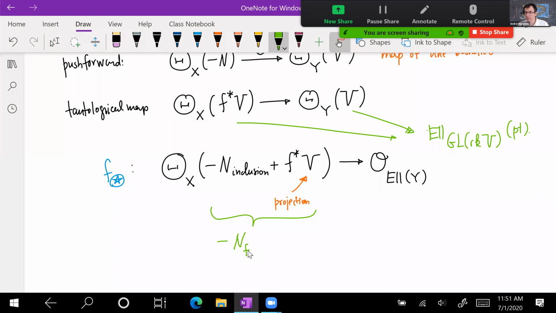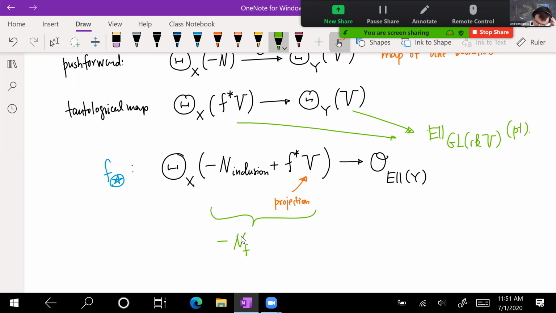So if you want to define a notion of a normal bundle to a map, you can define it if your map is a composition of an inclusion with some normal bundle which is complex, and then a projection along the fibers of a complex projection.